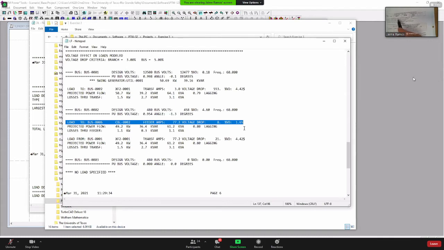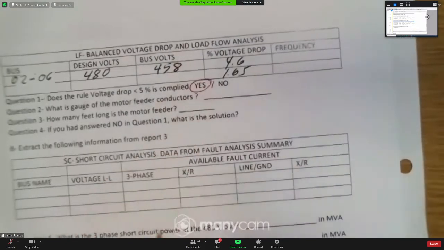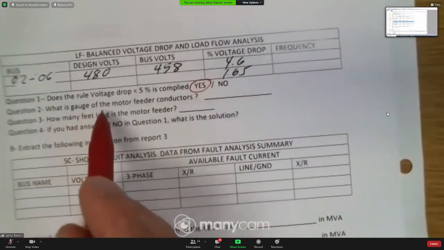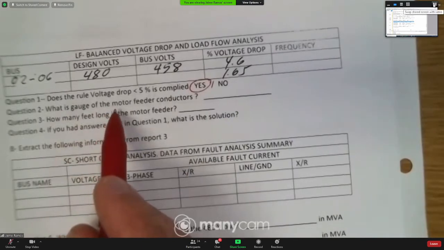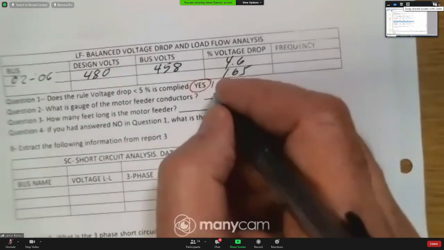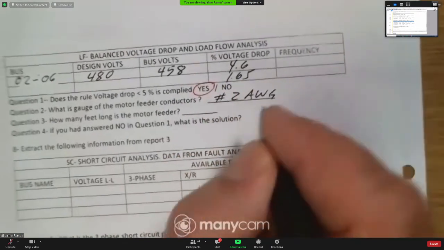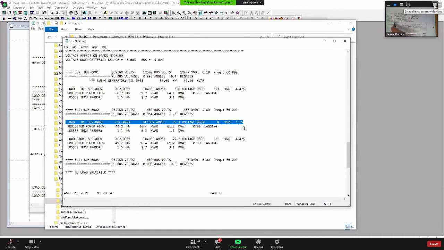Does the rule voltage drop comply? Okay, so I'd say yes. What is the gauge of the motor feeder conductors? So right now we have number 2 AWG. How many feet long is this motor feeder? So we got 300.